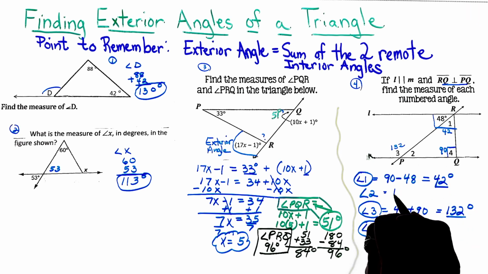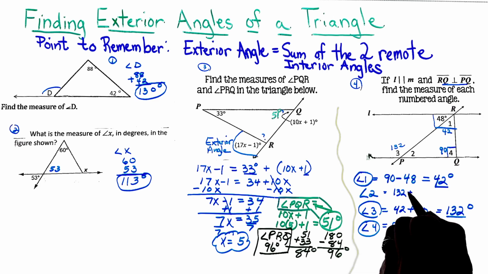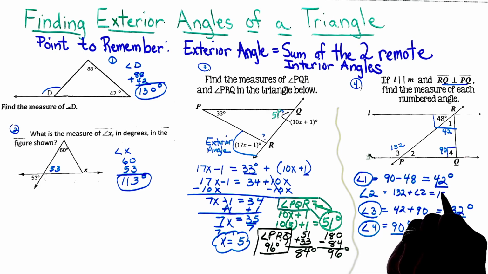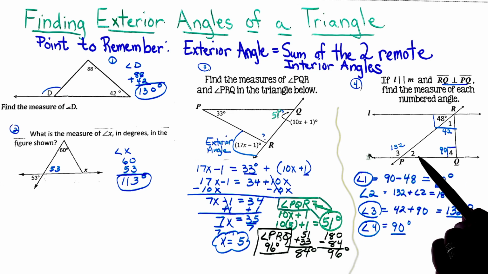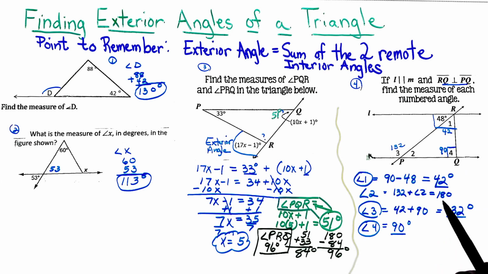So 132 plus angle 2 is equal to 180. That's what we know. Angle 1, angle 2, and angle 3 all add up to 180 degrees. So when I'm doing my math, I know I have to do 180 minus 132.